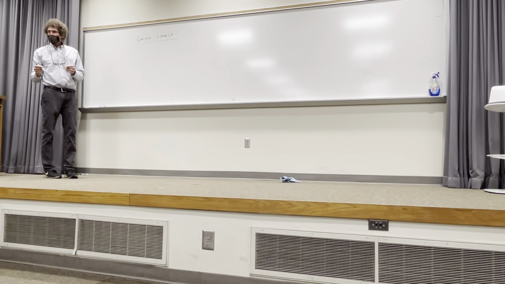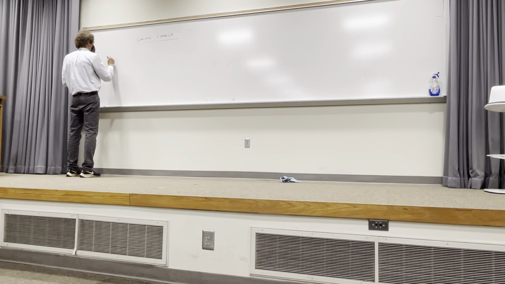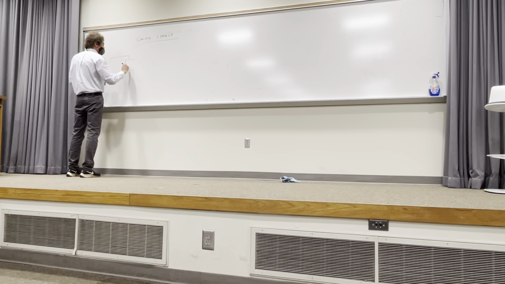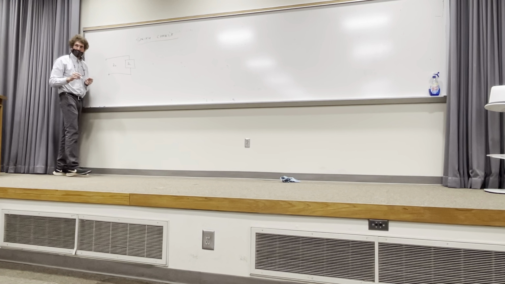Part 2. When we have a Smith chart, first let me draw the circuit we're talking about. We're going to have some ZL, and some Z0 right here.